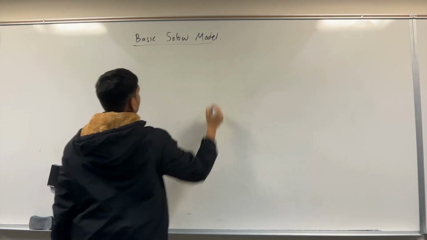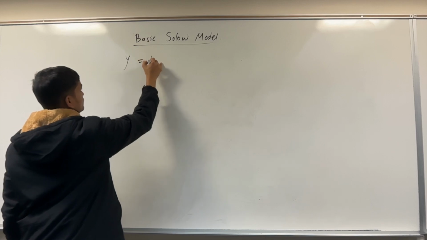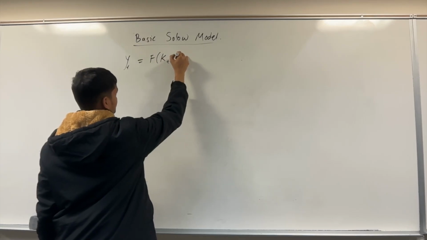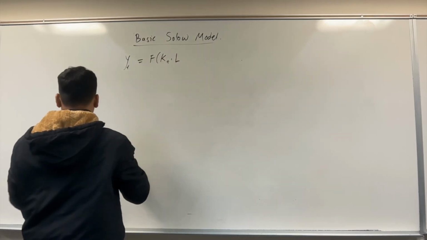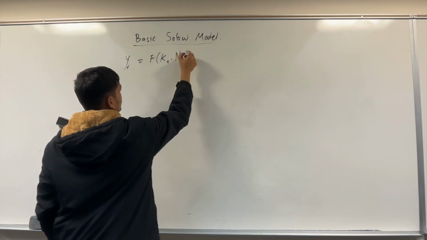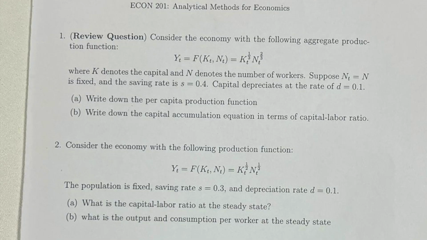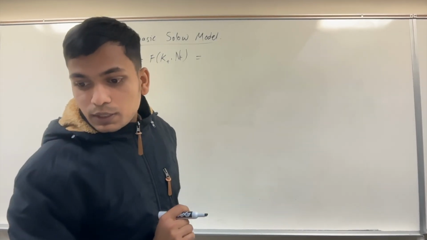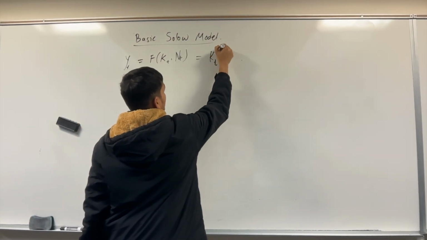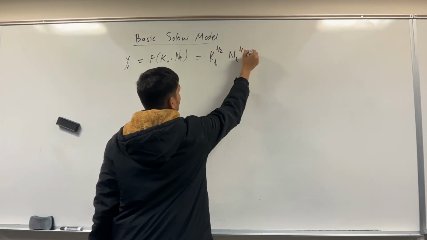Now the given production function is a function of capital K_t and labor, the population N_t, which equals K_t to the power 1/2 times N_t to the power 1/2.